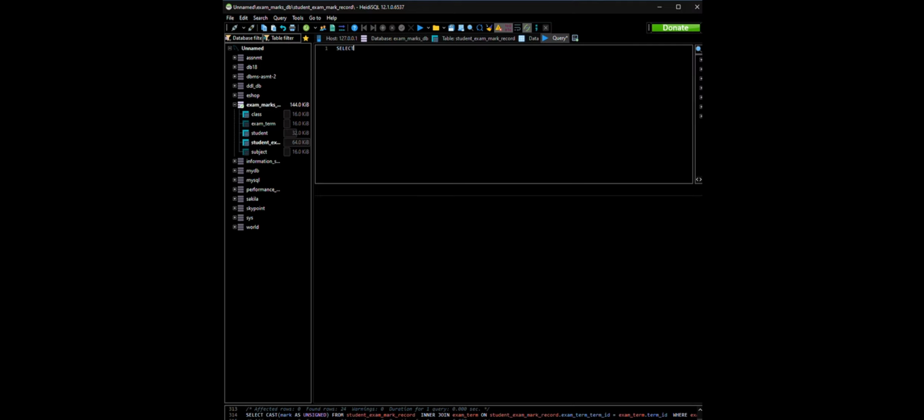So we can select round, and we're going to round the average mark up to 2 decimal places. And we are going to name this term 1 average maths mark. Alright, so we're taking this from the student exam mark record.